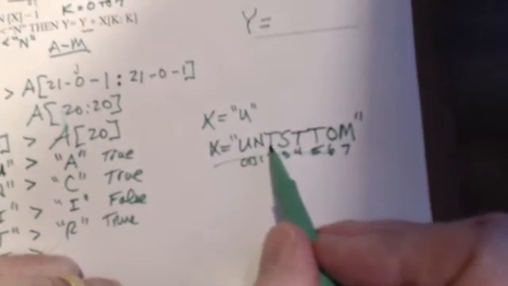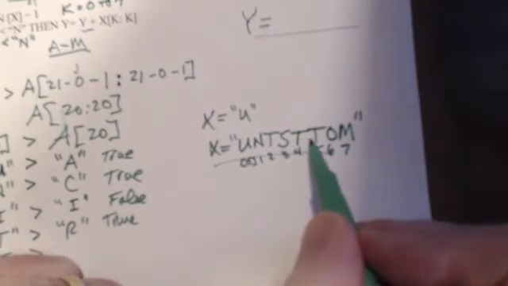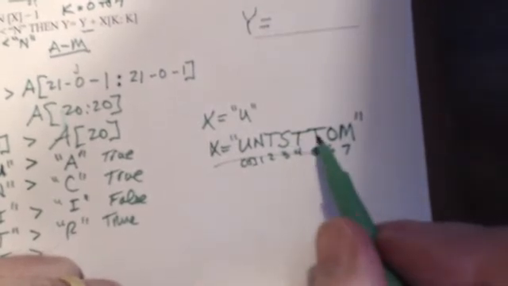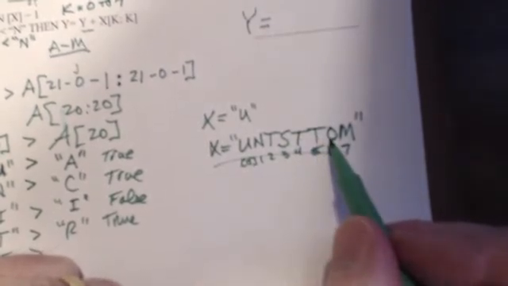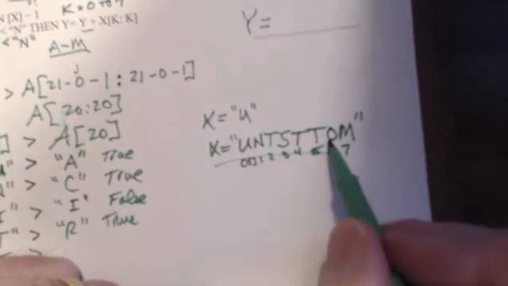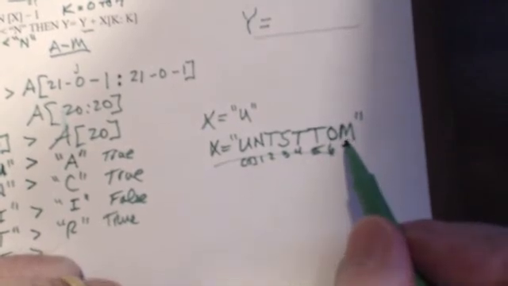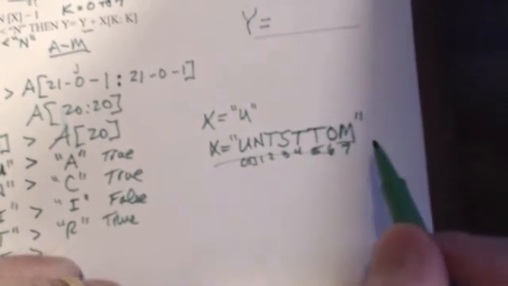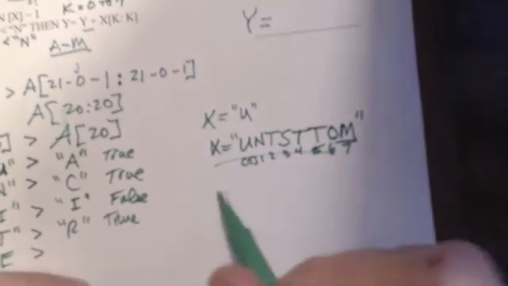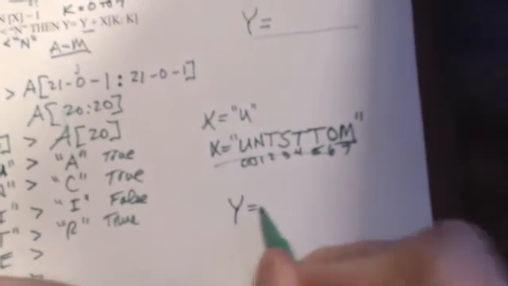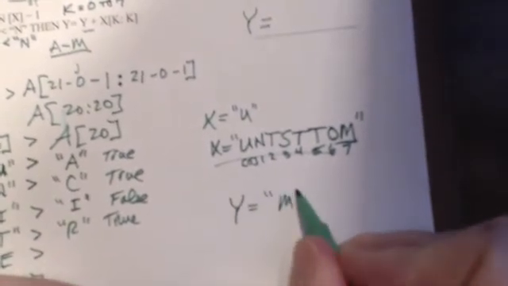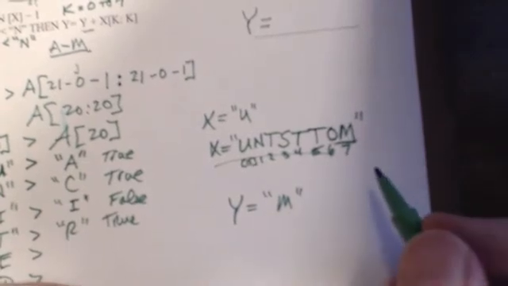T fails, S fails, T again fails, and again. L, M, N, O. O just barely fails, just like the N just barely fails. And M ends up being the only part of the string that is actually concatenated to the Y string.